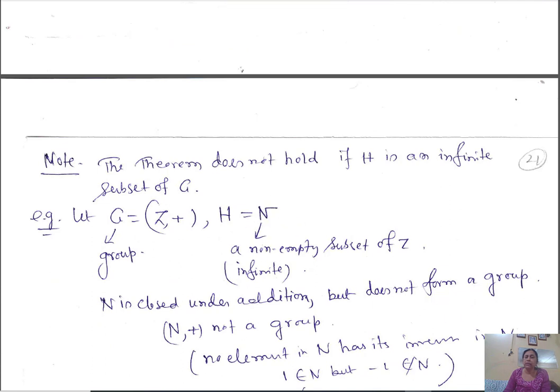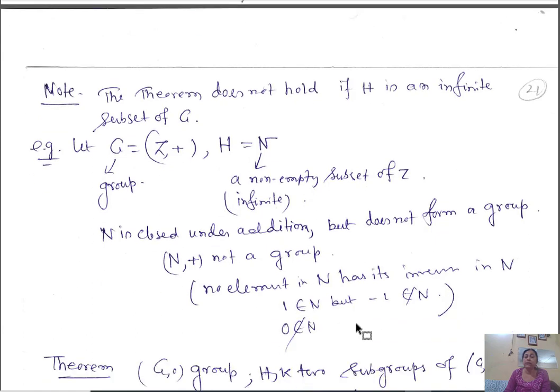So this N with addition does not form a group because we have a problem with the existence of inverses. If you consider 1, its inverse is minus 1. 1 belongs to N, but its inverse does not belong to N. For any integer in N, its additive inverse is minus of that integer, which does not belong to N. Also 0 doesn't belong to N. So these are the problems for which N is not a group.